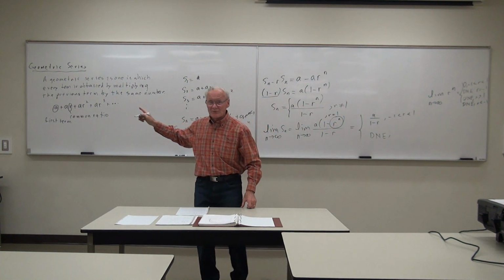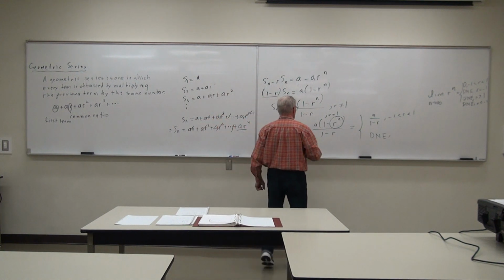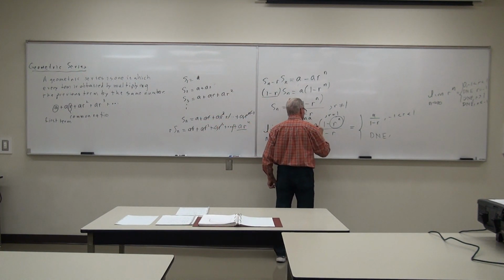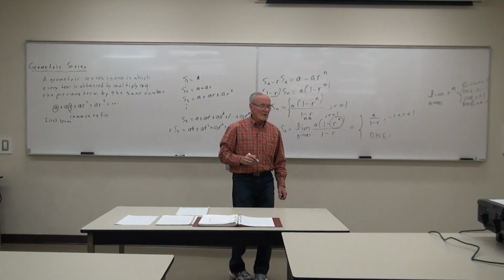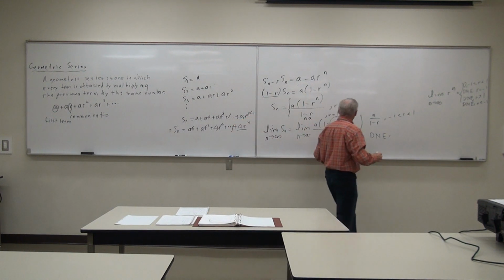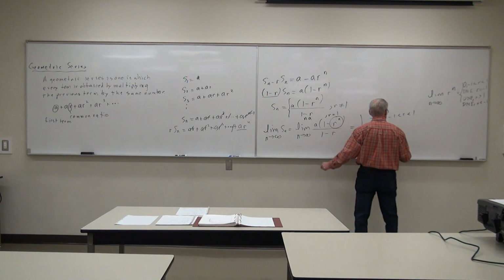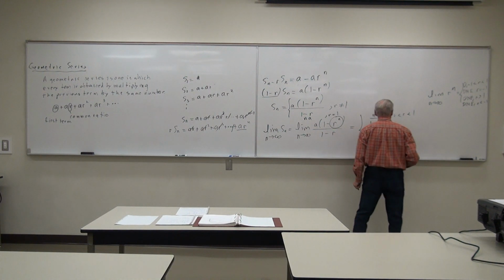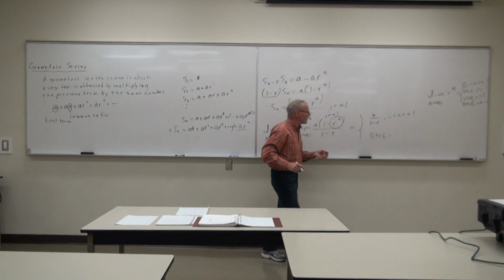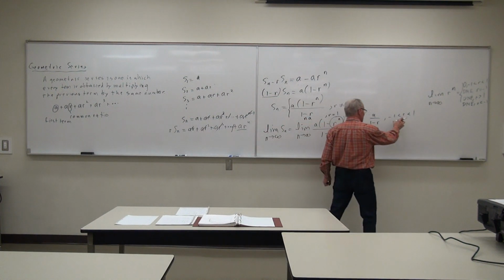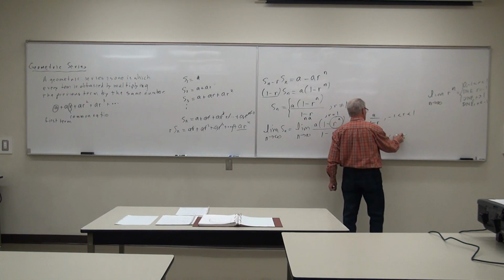A plus A plus A plus A, would it be then n times A? And so now what's the limit as n goes to infinity of that thing? Does not exist. So for every other value of r other than these ones, there is no limit.